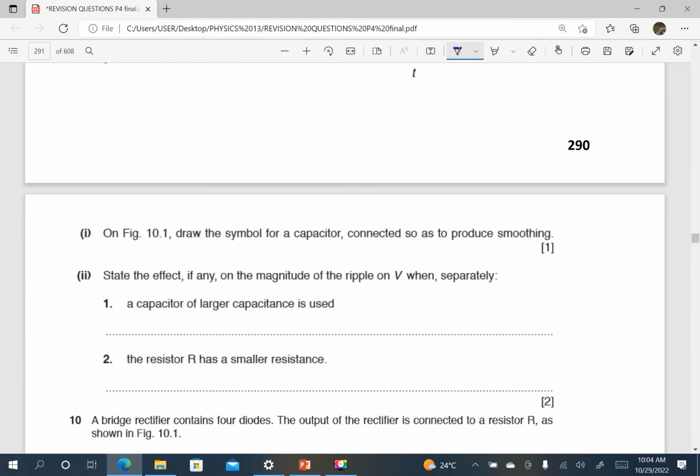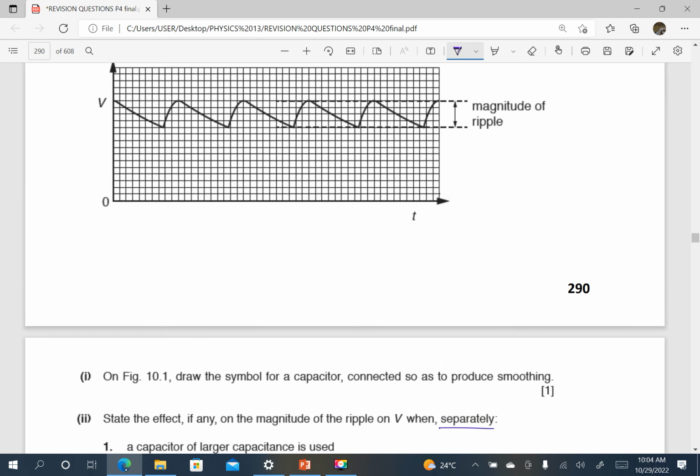Then state the effect, if any, on the magnitude of the ripple on V when separately a capacitor of large capacitance is used. Of course, using a large capacitor increases smoothness, so the ripple decreases. The size of this ripple becomes smaller.